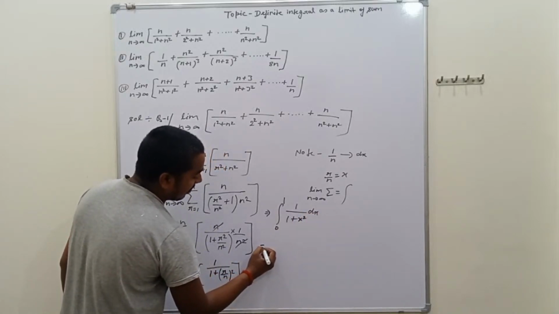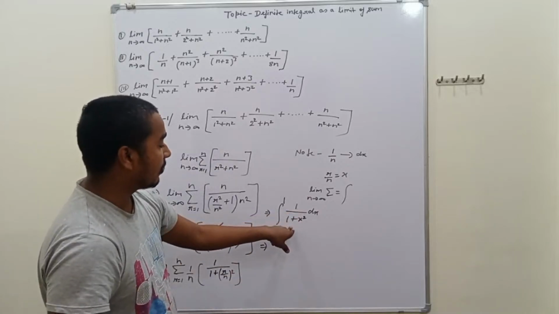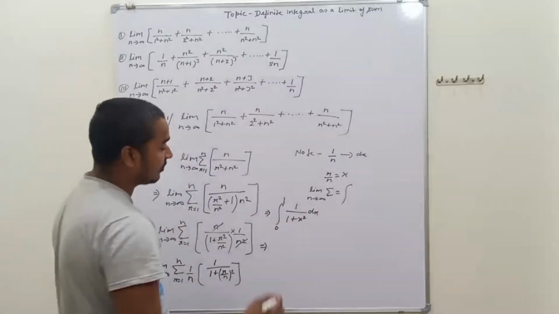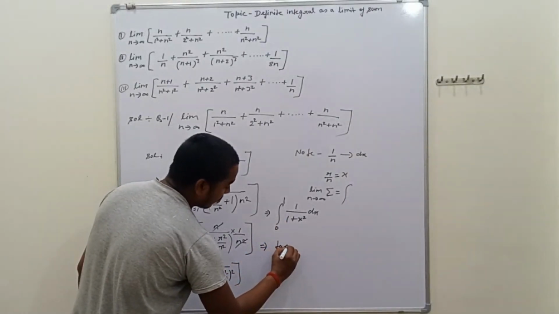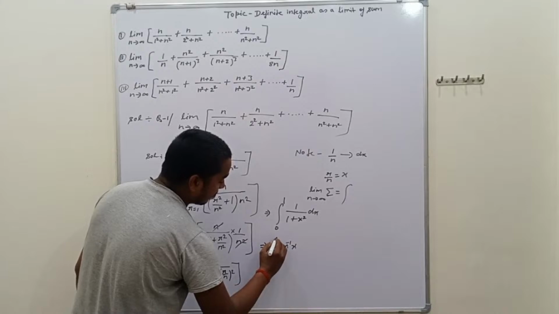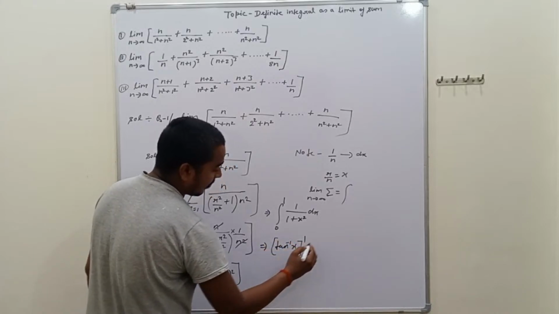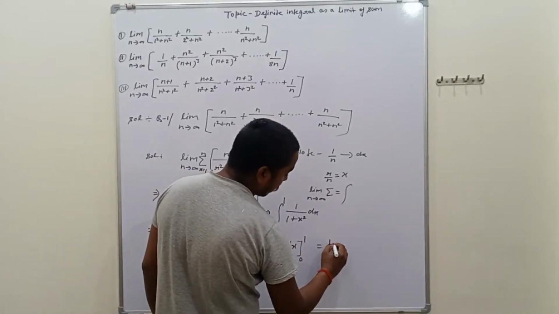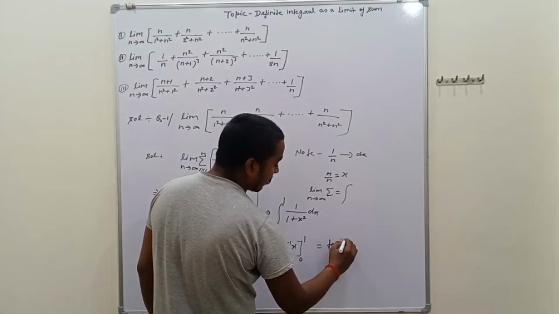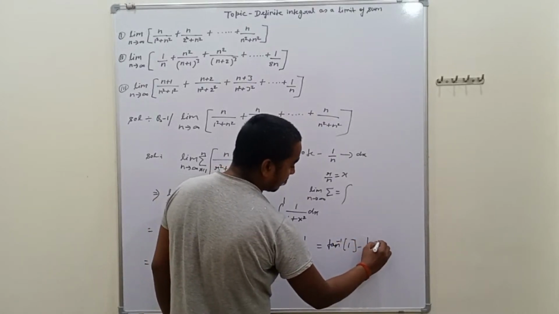When solving the integration, dx upon 1 plus x square is written as tan inverse x, applying the limit 0 to 1. Further we put the upper limit, that is tan inverse of 1, and the lower limit, tan inverse of 0.